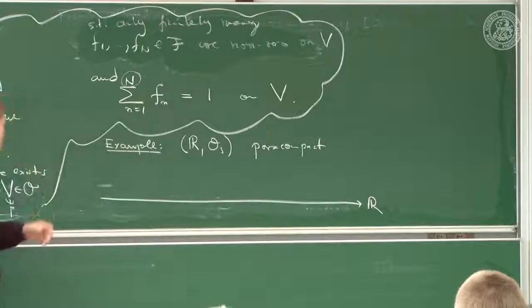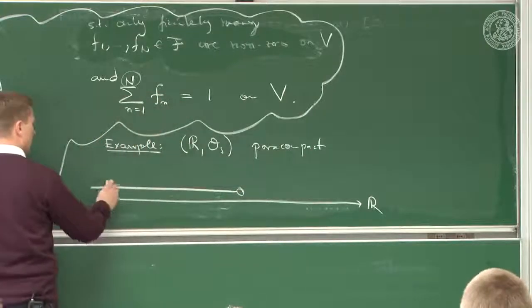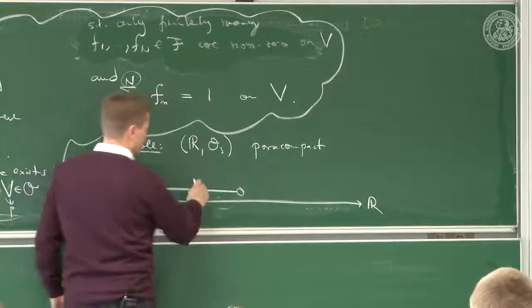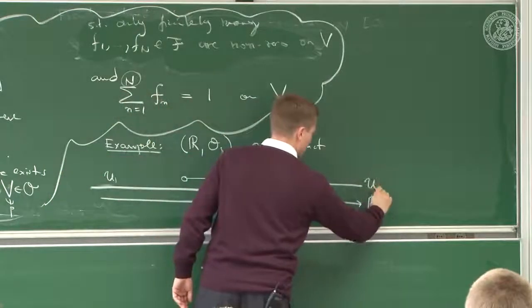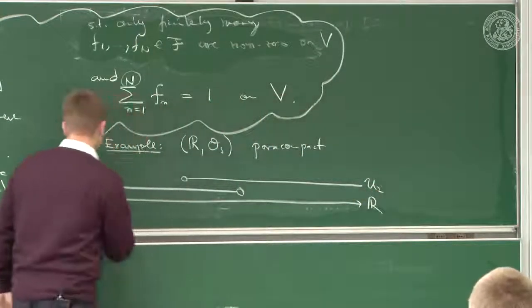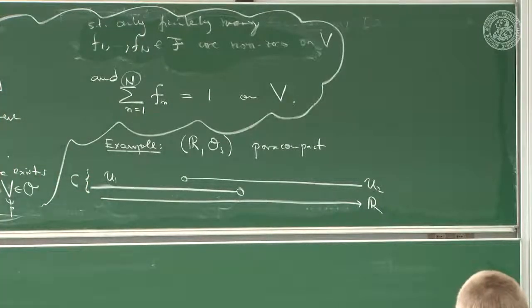And now I take, it's true for any open cover, so I take this open cover. I take this open set as U1, and I take this open set as U2. U1 and U2 together constitute an open cover. Clear.